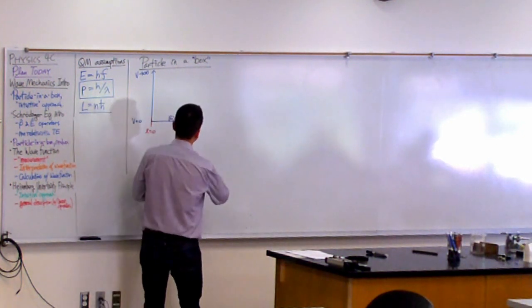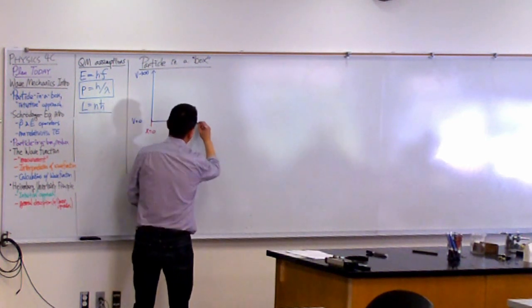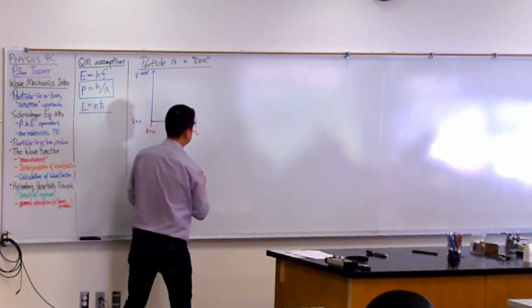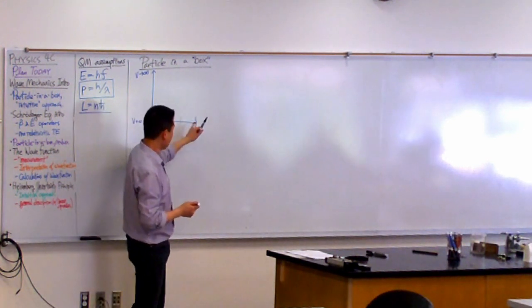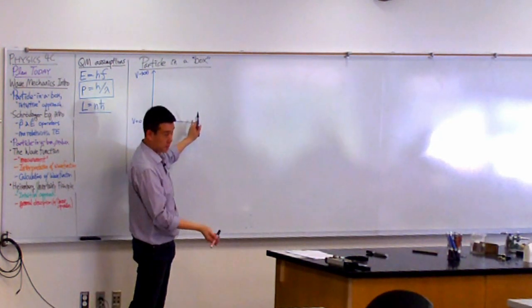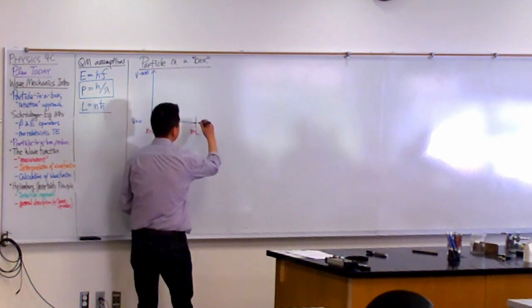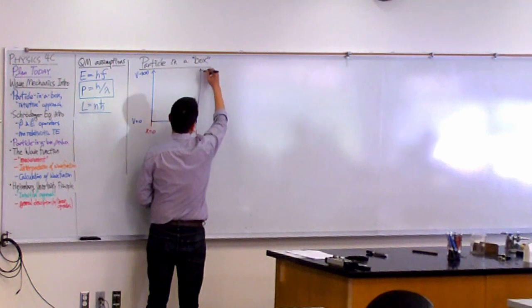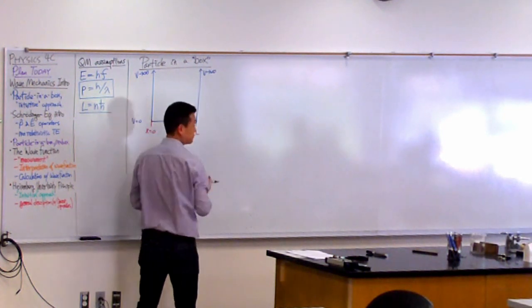But let's say at some point here, let me call that x equals L, some length L, after the particle travels some length L. Up to this point, potential energy is 0. But if the particle goes one step more, then its potential energy once again will approach infinity. Okay?